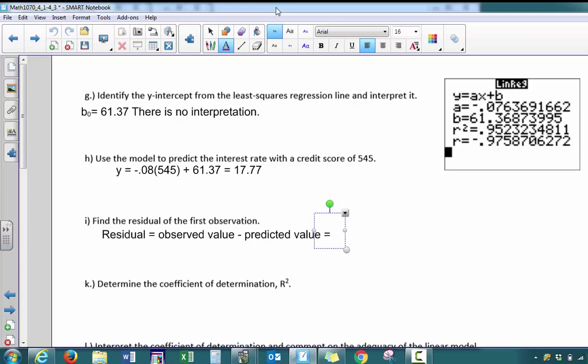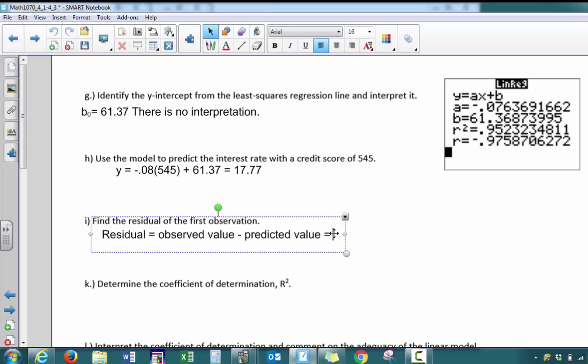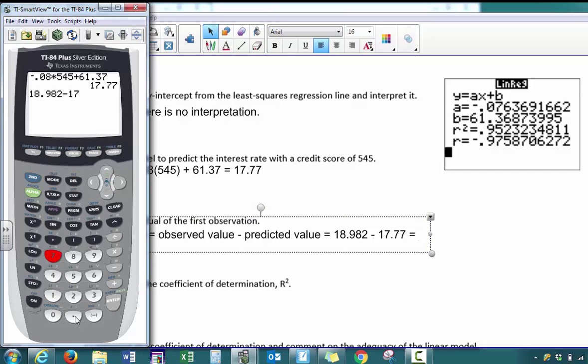So your observed is whatever is already given in your data set. Your predicted is whatever the model says you should have. When we substituted in 545 into the equation and we receive that value back, that is our predicted value. So when we subtract these values, it gives you your residual.